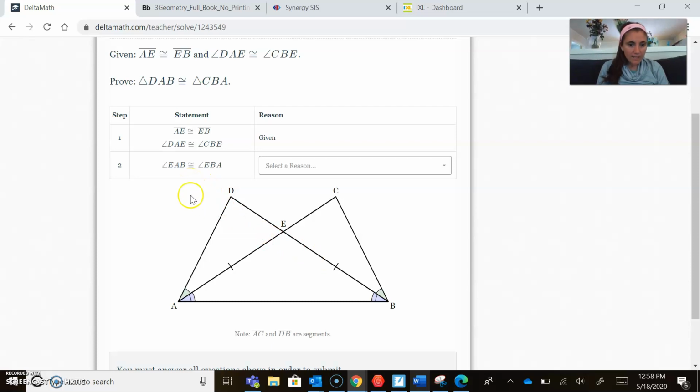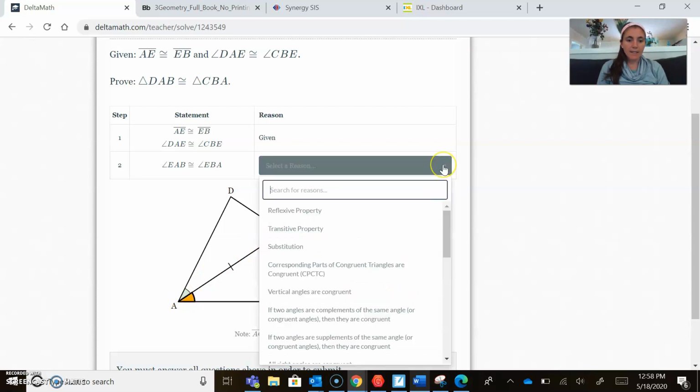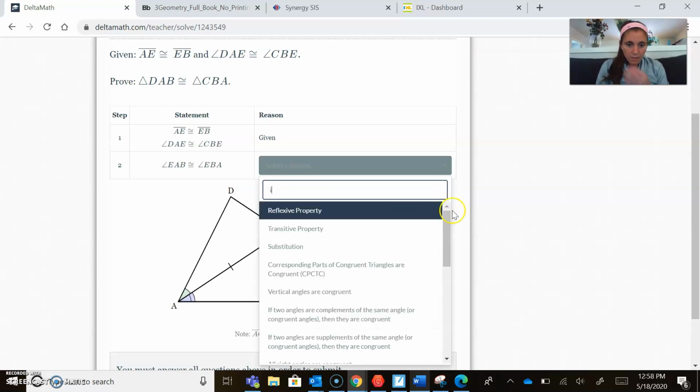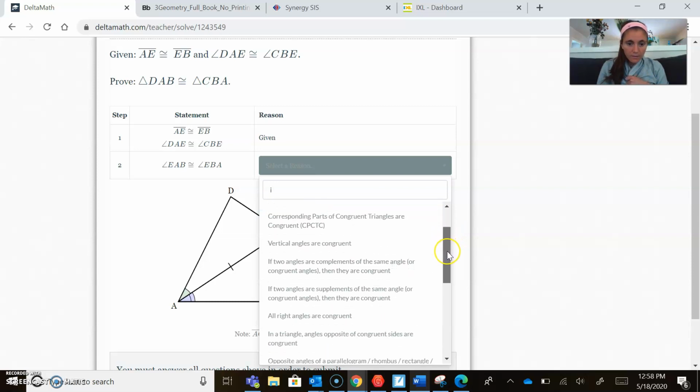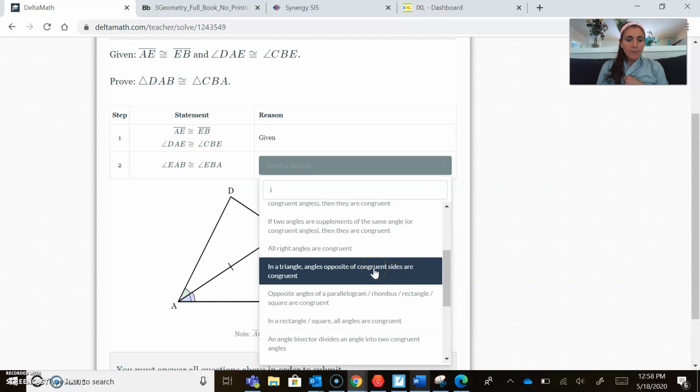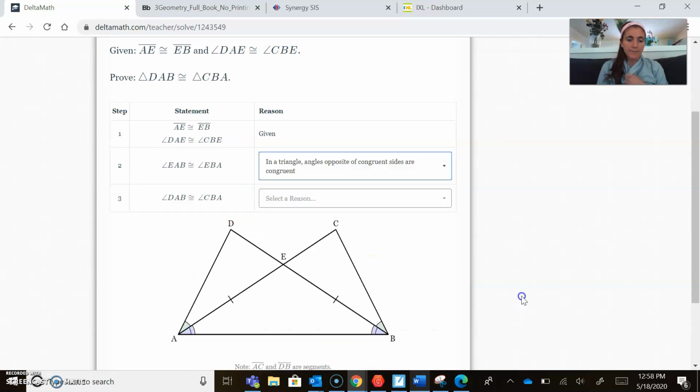And then they want us to say, why is EAB congruent to EBA? Well, because they gave us that these lengths are congruent, that makes this an isosceles triangle. In a triangle, angles opposite of congruent sides are congruent.